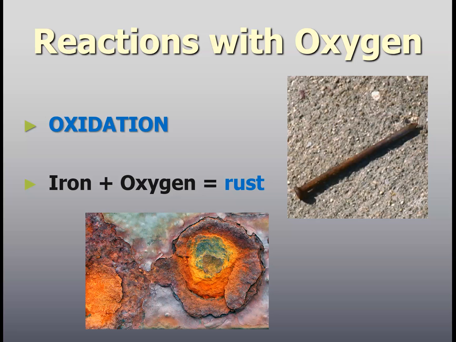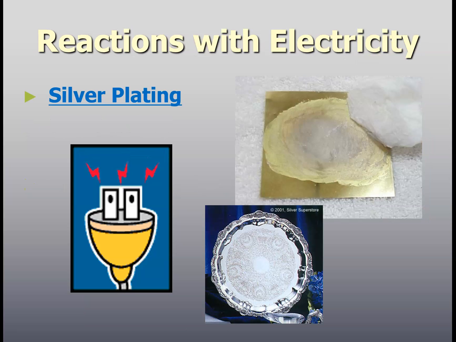That is a form of a chemical reaction. A reaction with electricity: you can use different substances and add electricity to it and you get things like silver plating, gold plating. That's a chemical change as well.